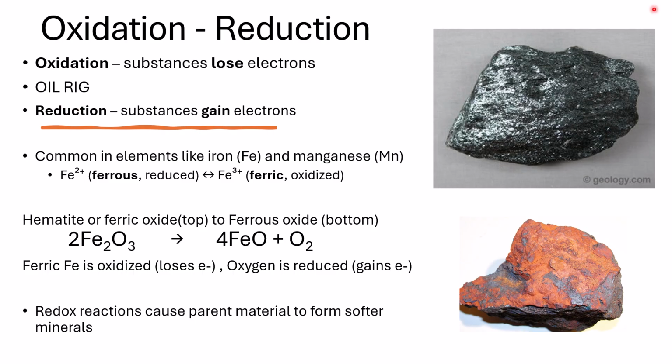This typically occurs when very little or no oxygen is available, like waterlogged soils or deep underground. Now, this is common in elements like iron and manganese, and these elements often have multiple forms or oxidation states.